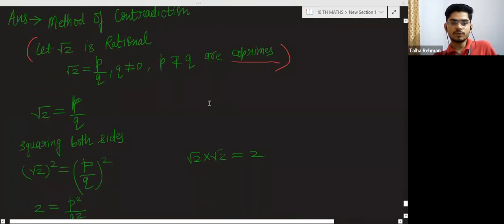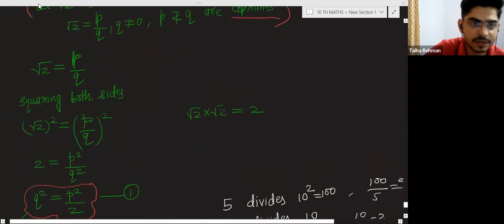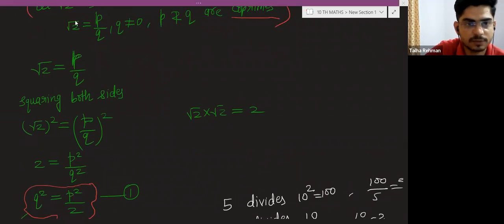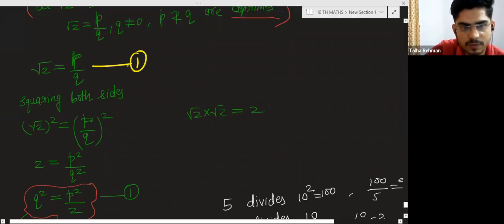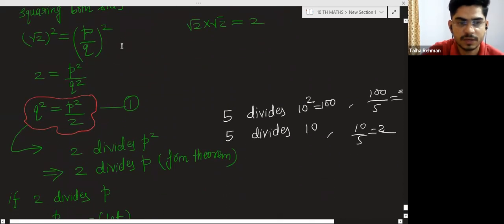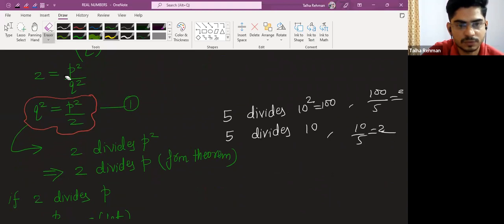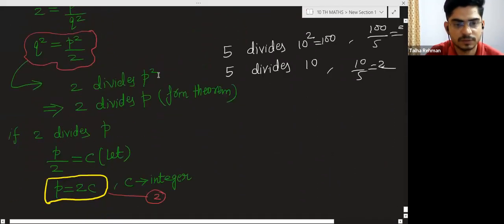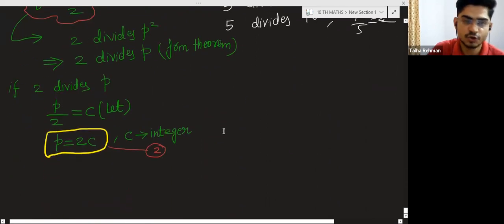So now what we will do, you should write it like this: this is equation number 1. Please change this, and this is not an equation, so leave that. So this is equation number 1 and this is equation number 2.